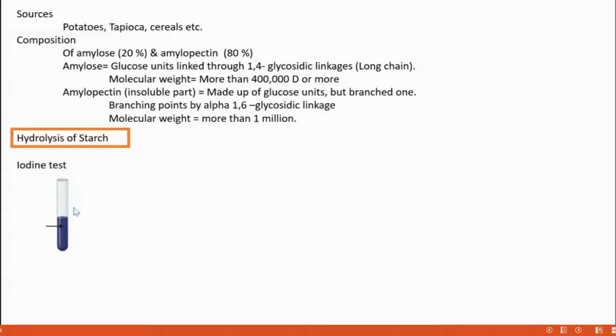During heating, the bonds break. Because of that breakage, the color is lost. As the bonds regain and reconstitute the starch, the blue color reappears. So only when starch is present will the blue color form.